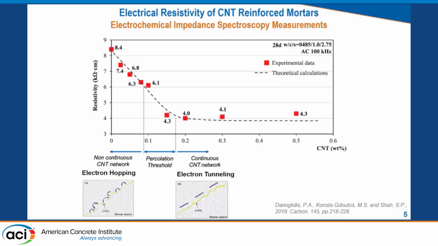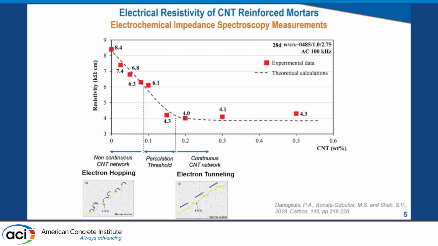And here we see actually a decrease of the electrical resistivity as the nanotube network is formed, up to an amount around 0.1 to 0.2 when the resistivity reaches a plateau and seems independent of the carbon nanotube content, and this is actually the percolation threshold.